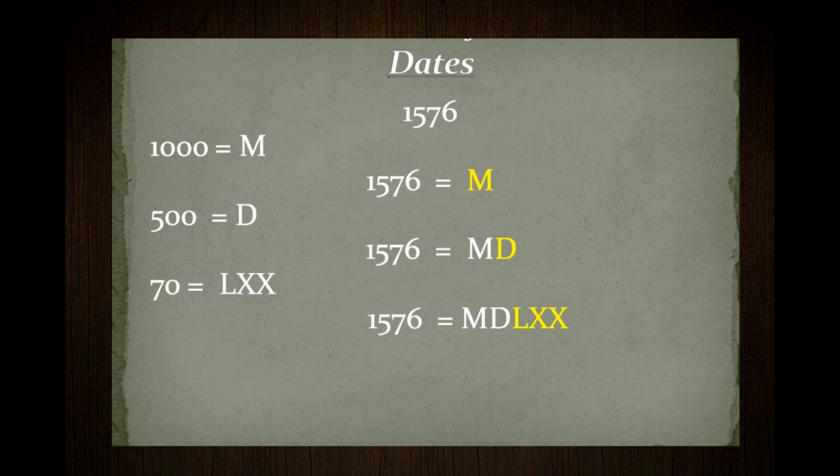So now we're up to 1570, MDLXX. And then to get the 6, we're just adding in a V and an I. So the Roman numerals for the date 1576 is MDLXXVI. It's read very quickly and very easily once you've done this for any length of time.